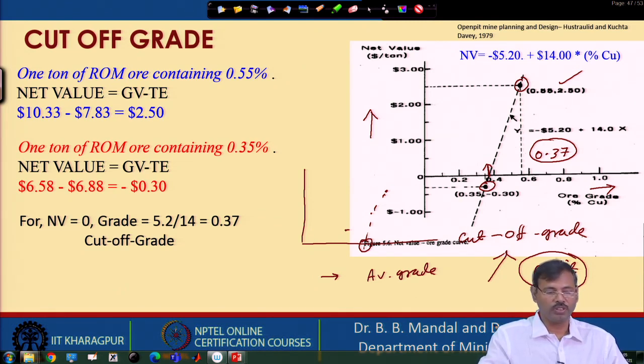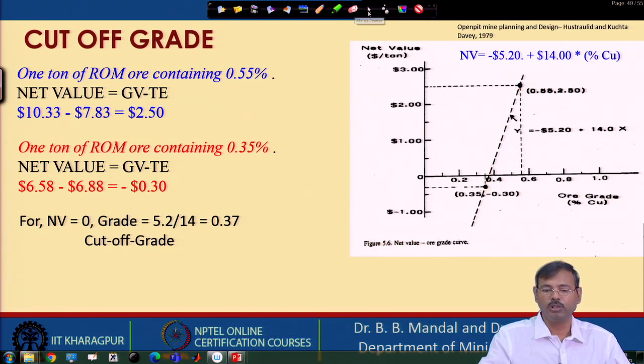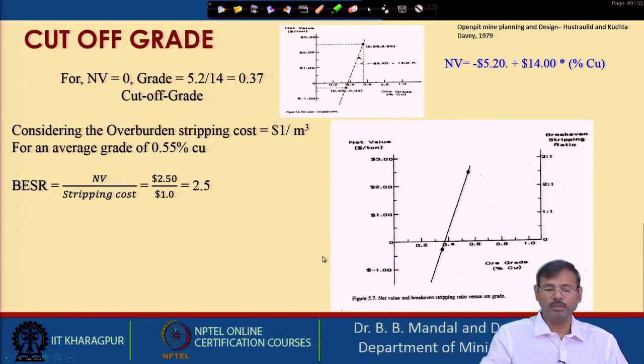But one thing is very important here: what will happen to the value of those minerals which have a grade lesser than the cutoff grade? Basically, those are considered as potential ore, because with the current technology that ore is not profitable to mine.